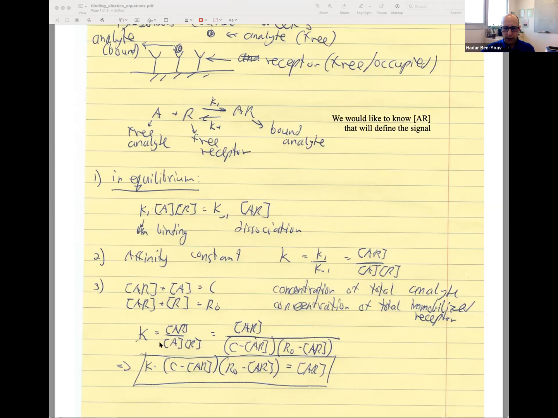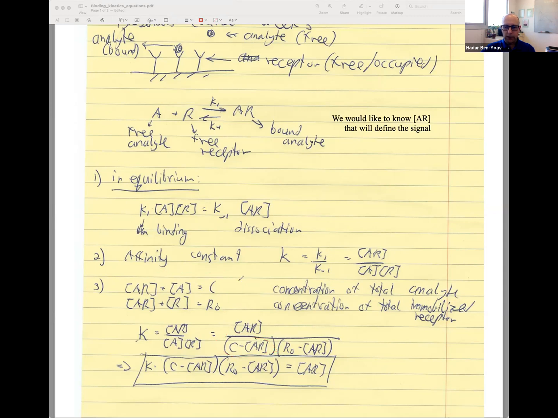So basically we move this one here and we get minus AR, and that's how we got this one. Same thing for the R0: R0 minus AR. And we do some changes, multiply by this, and we get K times C minus AR, the complex, times R0 minus AR, the complex, equals AR, the complex.